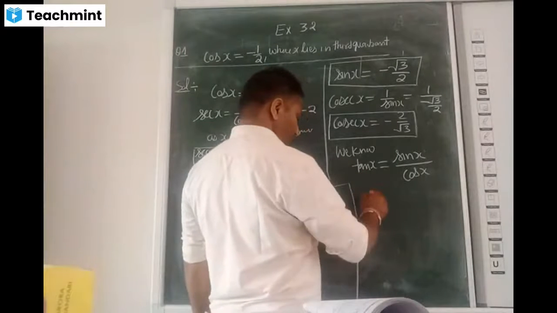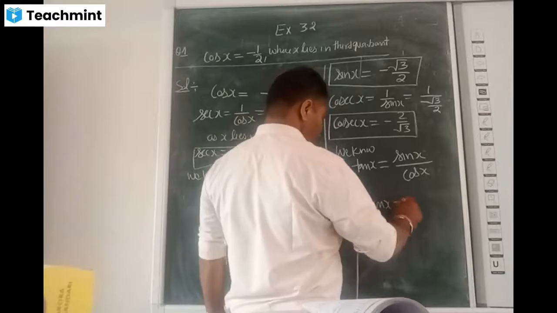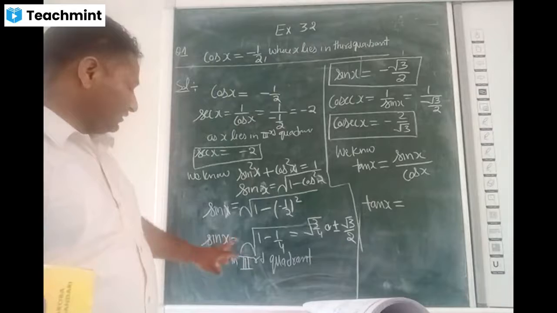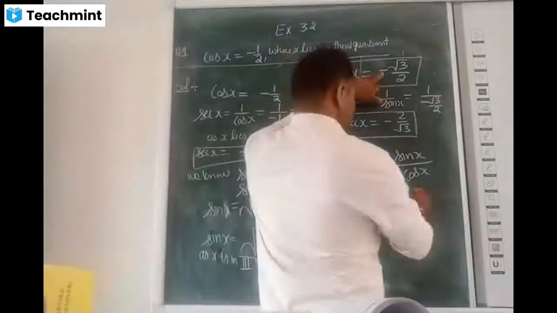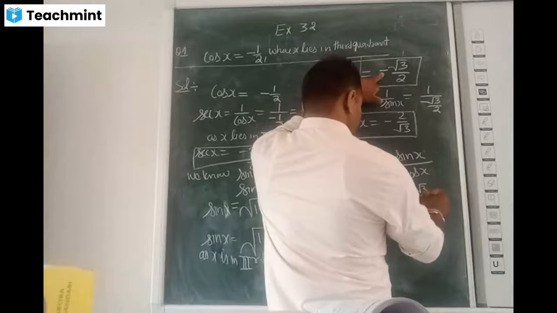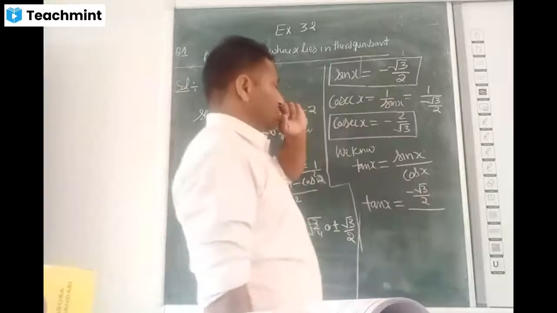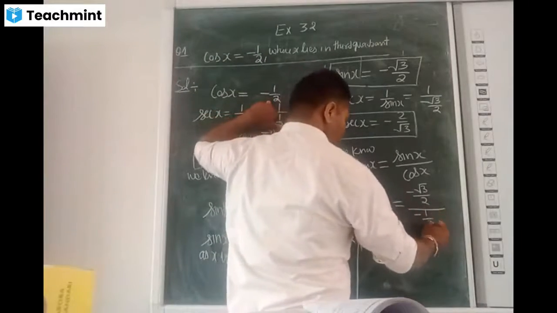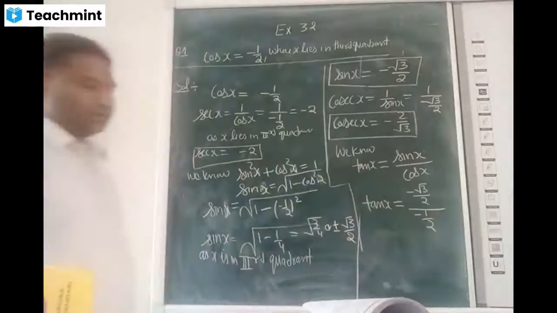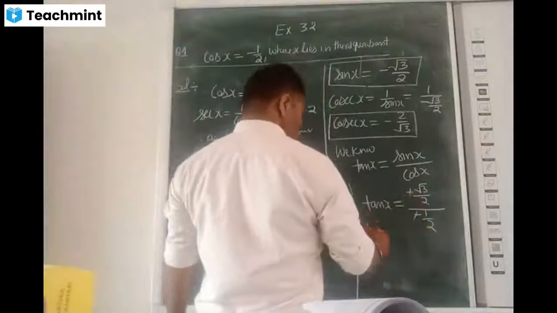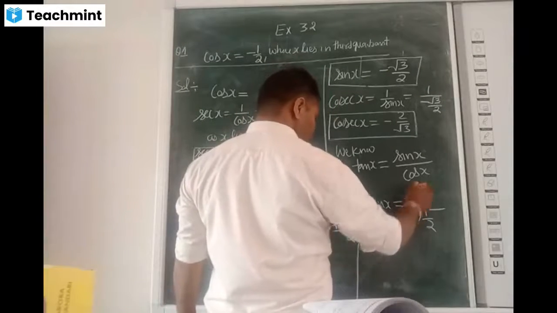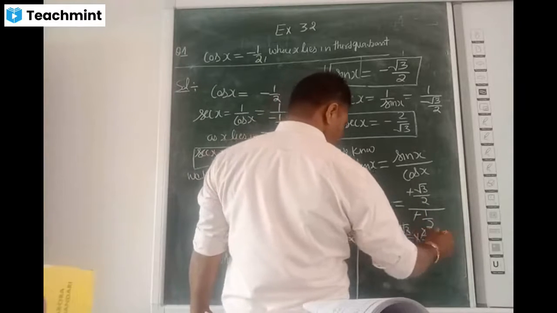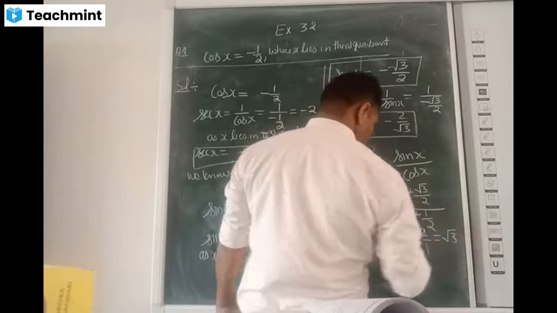So from here, the value of sin x we got is minus root 3 upon 2, upon cos x. The value of cos is minus 1 upon 2. And minus cancels. So we got tangent x is root 3 upon 2 into 2 upon 1, equals root 3.